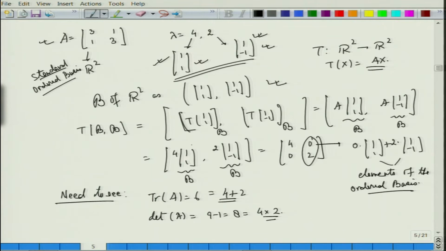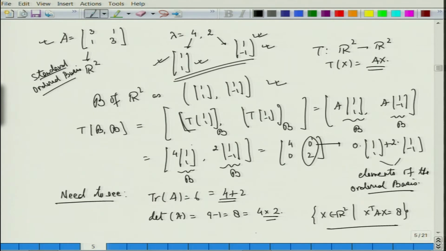And we also saw that since A is symmetric, we could talk of x transpose Ax being 1. So, we could also talk of all x belonging to R2 such that x transpose Ax is 8 or something, I do not remember exactly what I wrote.